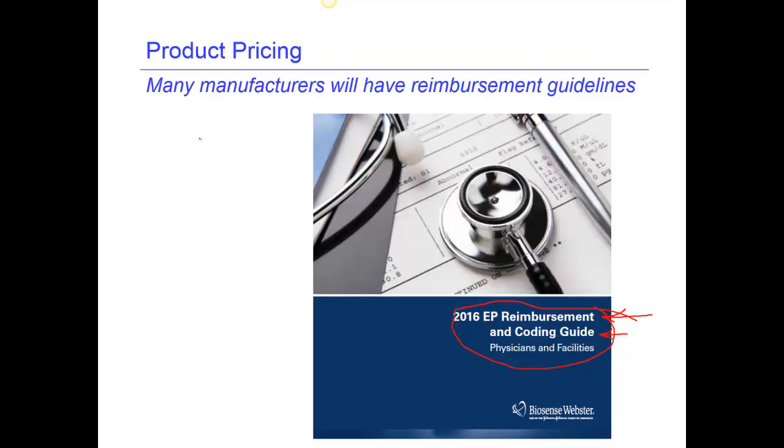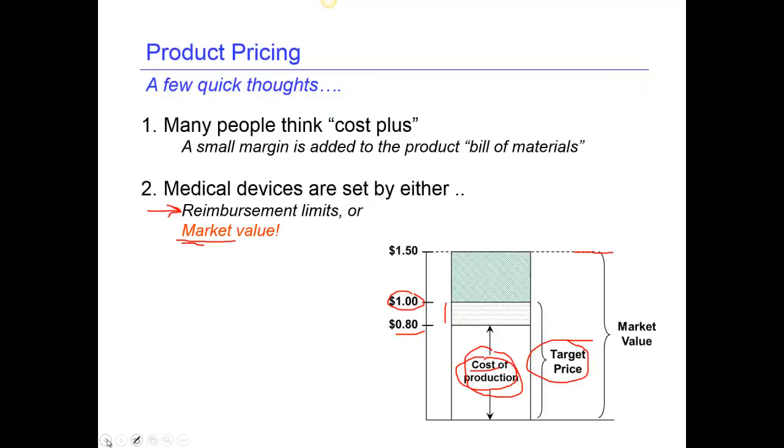So again, this is more of a what the prevailing allowable reimbursement by insurance or government is, and that will almost by default set the price of the product. Now let's just go back really quickly. What we have to realize and appreciate is that market value set by reimbursement must be greater than the cost of production in order to be profitable and solvent as a company.